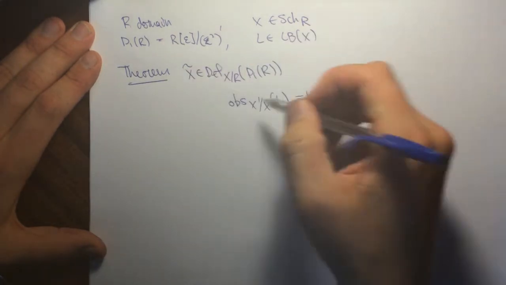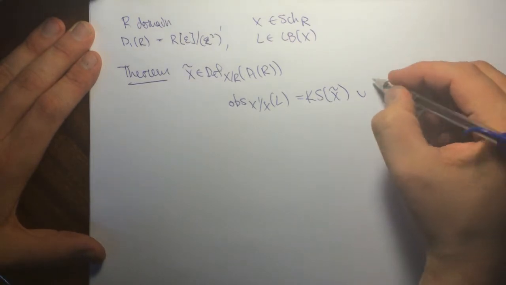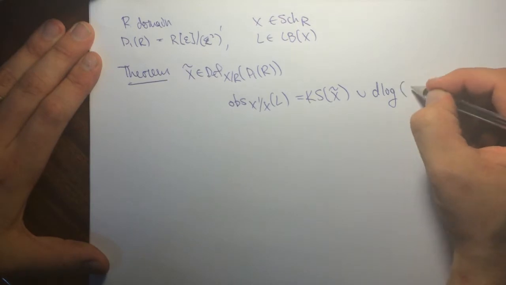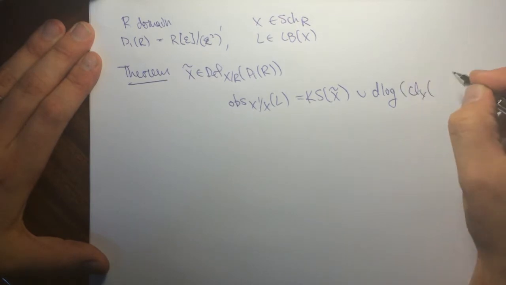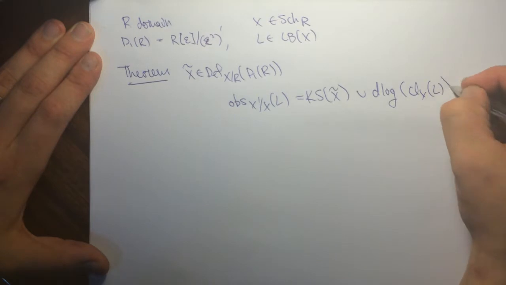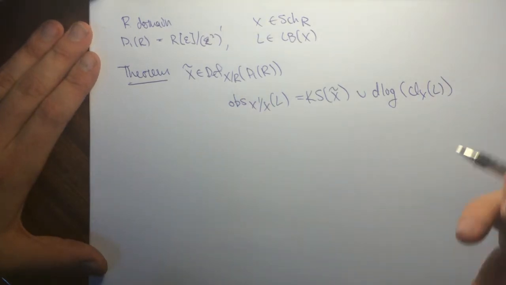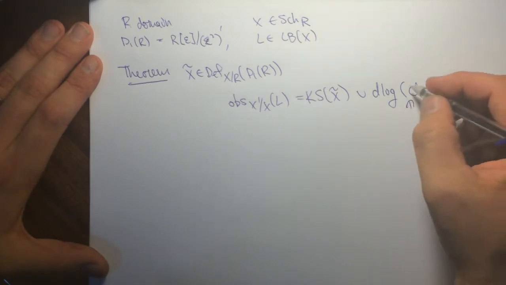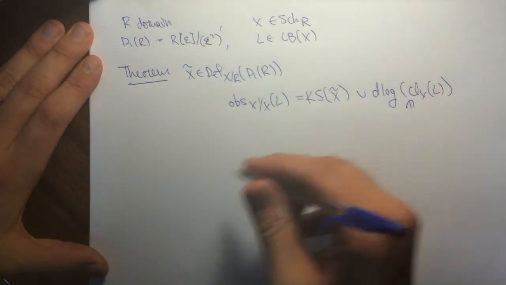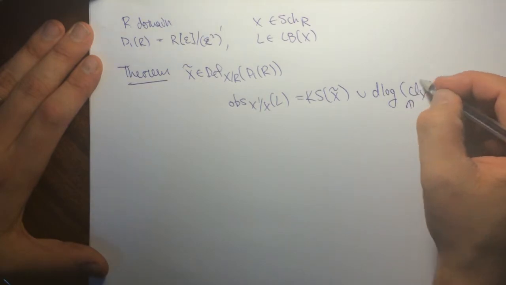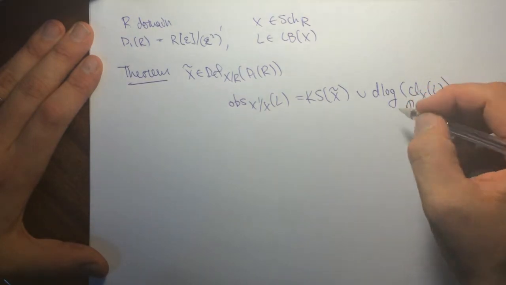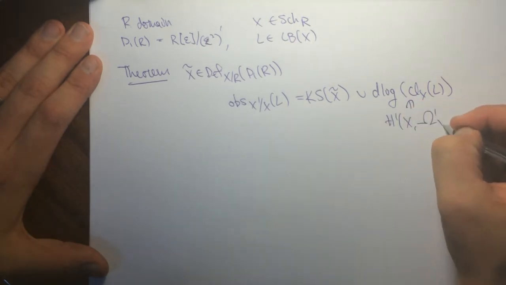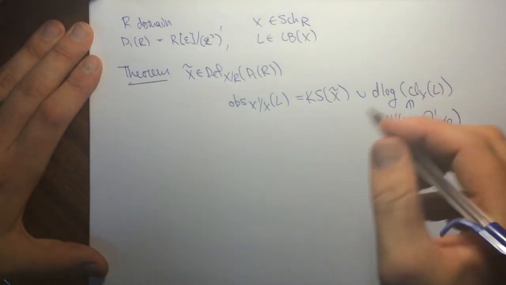So this is the Kodaira-Spencer class of the deformation, and here this is the logarithmic derivative of the class associated to L. Okay, so as we remember from the line bundle video, this inner part is an H1 of the multiplicative group, and this one is going to be an H1 of X, omega 1 X over R, so the differentials.